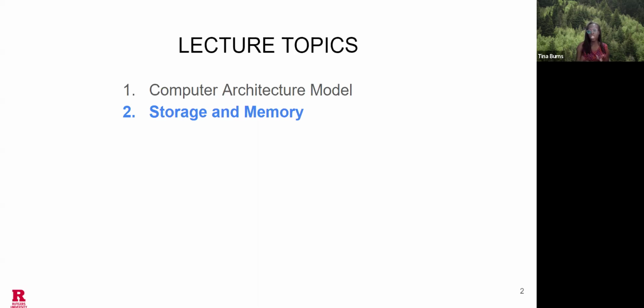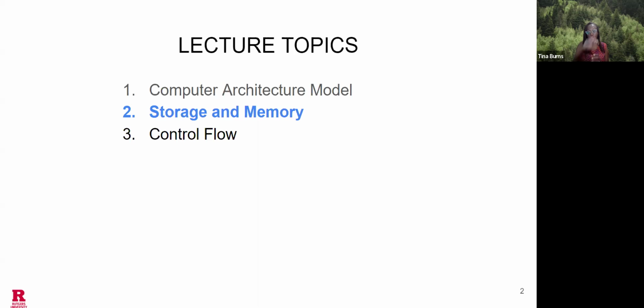We'll talk about storage and memory and how that relates to our C code and also to assembly language. We're going to talk about control flow a little bit as well, because as we send out our commands, we're doing that in a flow of information, right? If I'm running a for loop where I want to increment a counter every 10 seconds so that I know how long it takes me to do something, that has a flow.